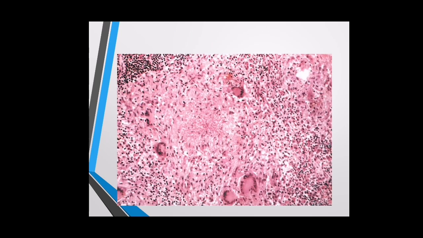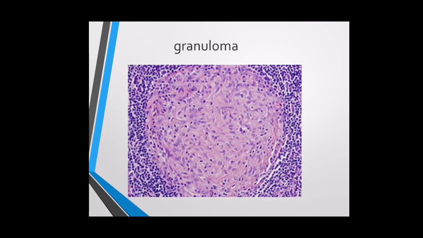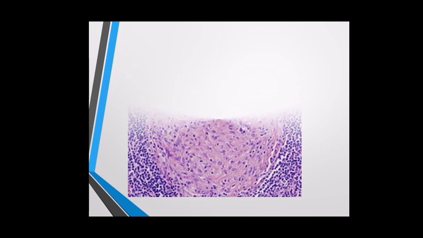Here you can see the horseshoe giant cell which is seen in tubercular granuloma. A characteristic tubercle at high magnification shows the central caseous necrosis surrounded by epithelioid cells and a multinucleated giant cell. Here you can see the granuloma. Now, features favoring the formation of granulomas.